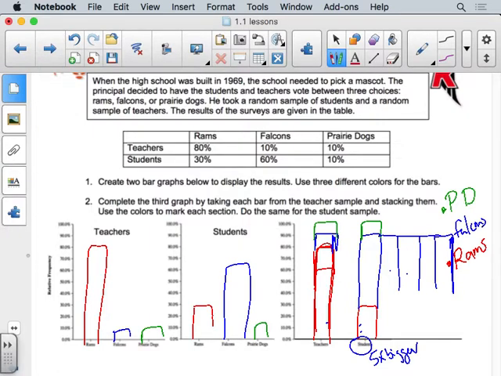I'm gonna make this go out 5 times, so there's 1, 2, 3, 4, 5 little segments of that length. And then I'm gonna make this one 1, 2, 3. So now there's 5 times bigger the Rams.